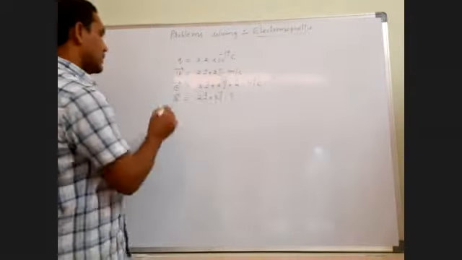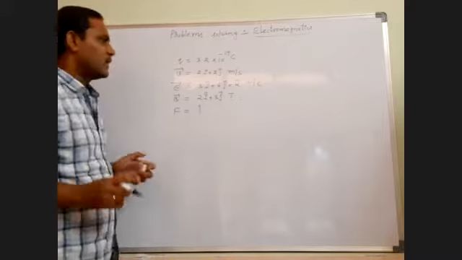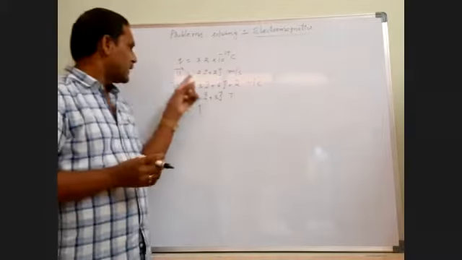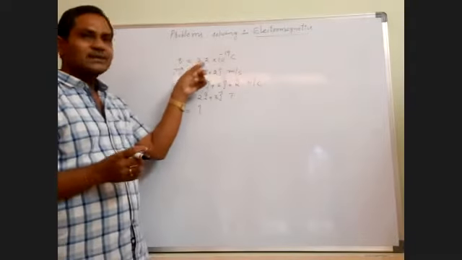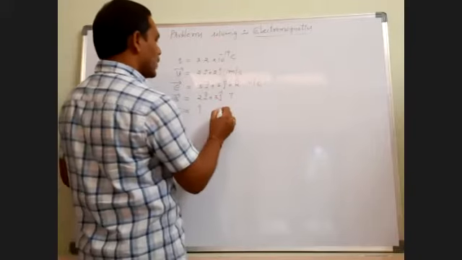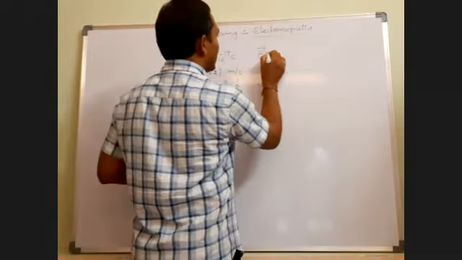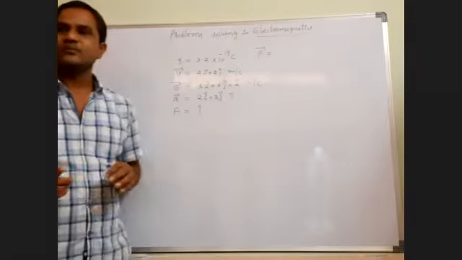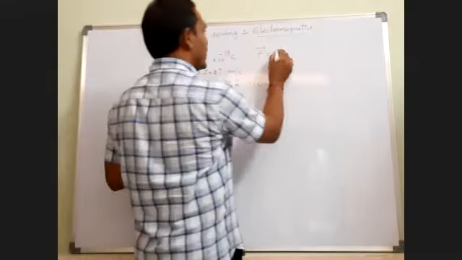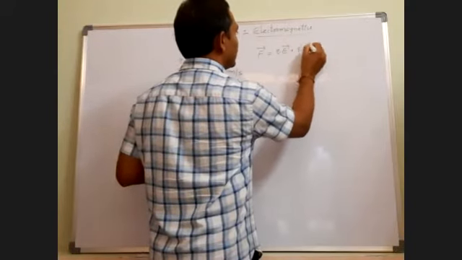So we have to calculate the force acting on the charged particle. Here, both electric and magnetic fields are applying on the charged particle simultaneously. Then according to the Lorentz equation, F bar equals QE bar plus Q into V bar cross B bar.